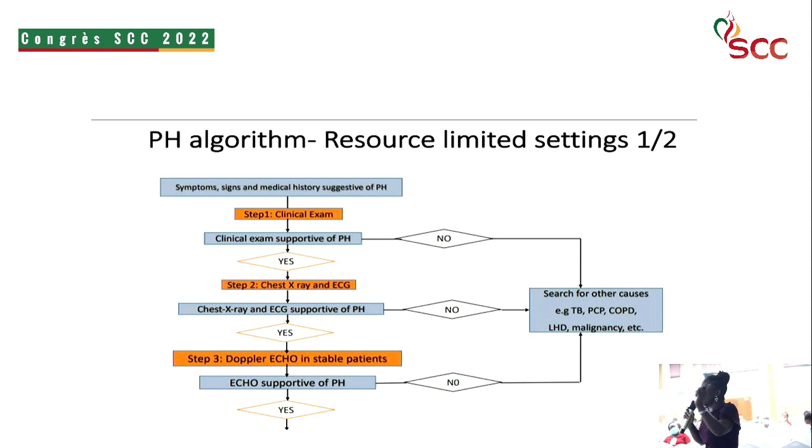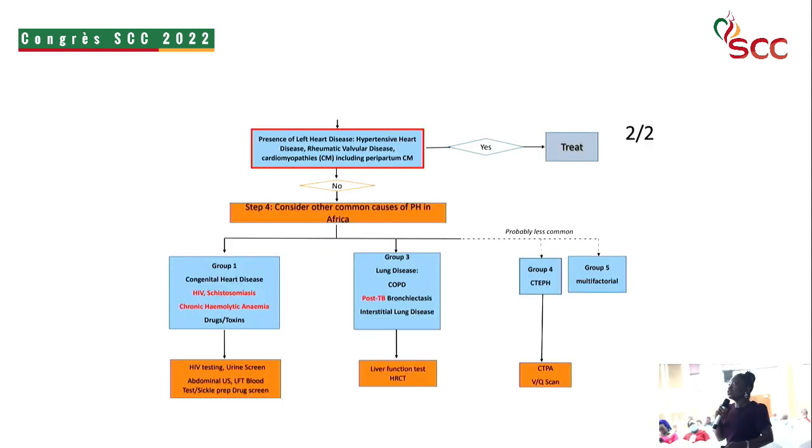If all of these are not suggestive of PH, then you look for other causes of dyspnea, which could be TB, COPD, malignancy and all of that. If echo shows there is pulmonary hypertension but this patient has left heart disease, you treat the patient for the underlying condition.